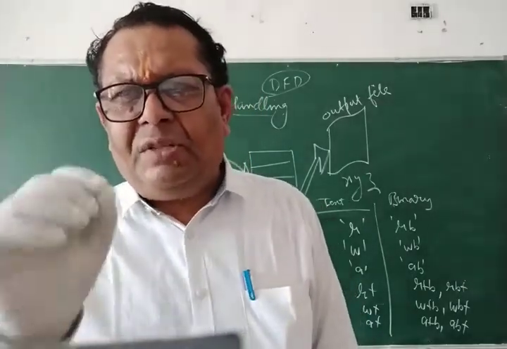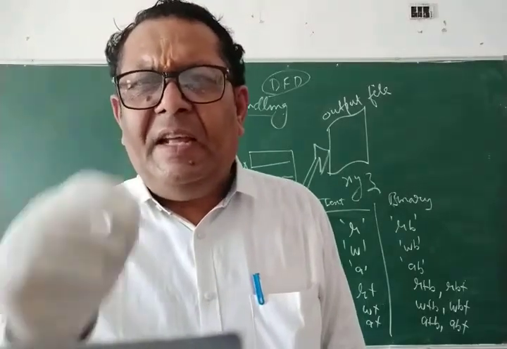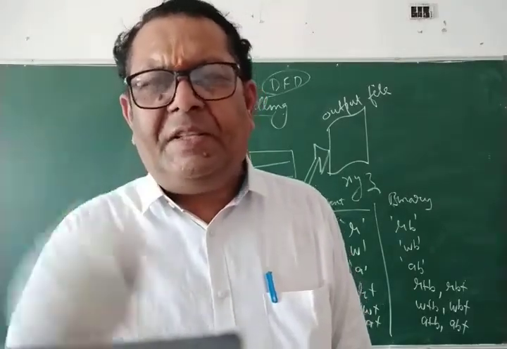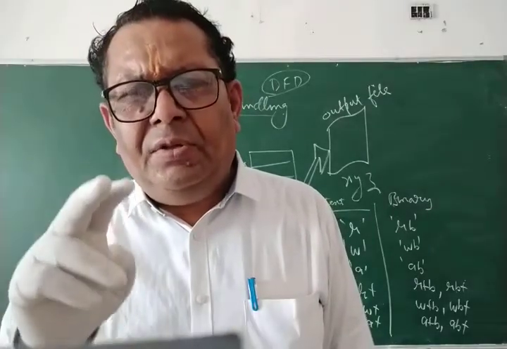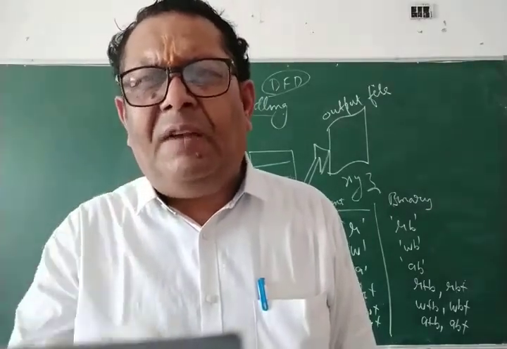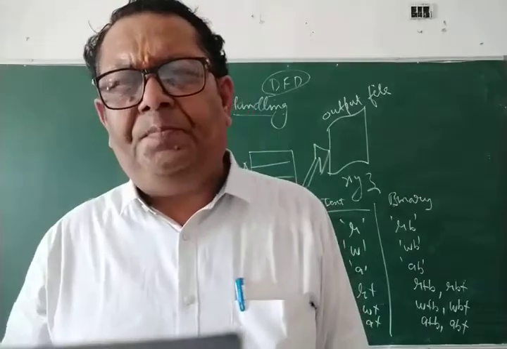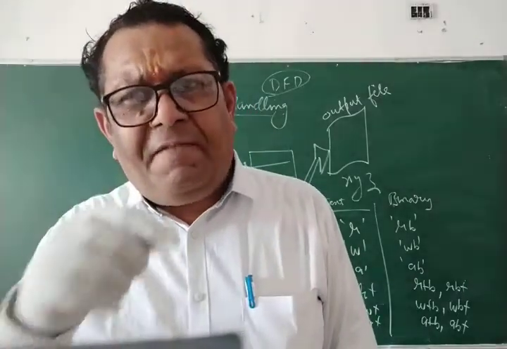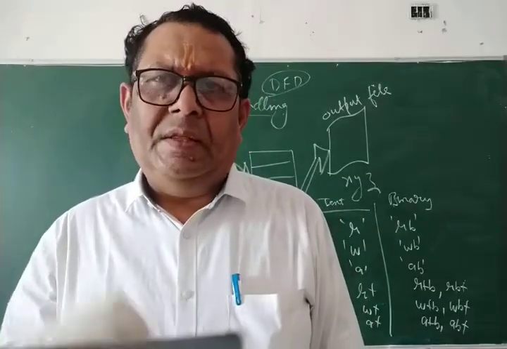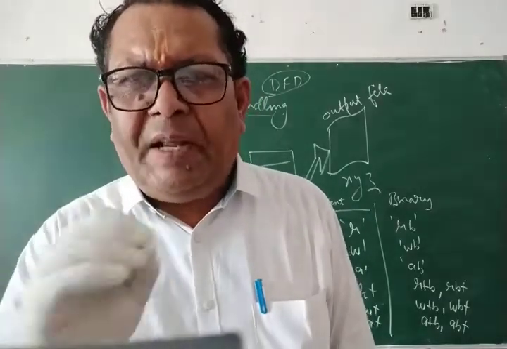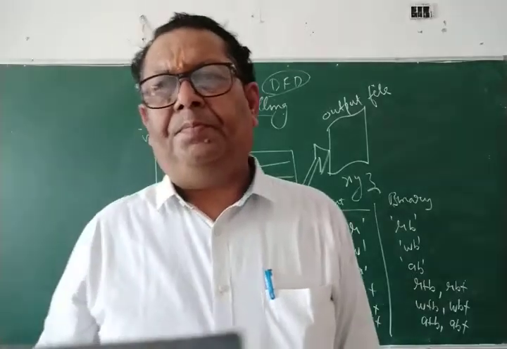I'm giving you a small homework: create the file abc.txt, write the details about yourself in two different lines, and then read that file and display the content on the screen.